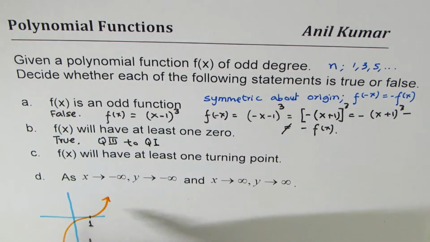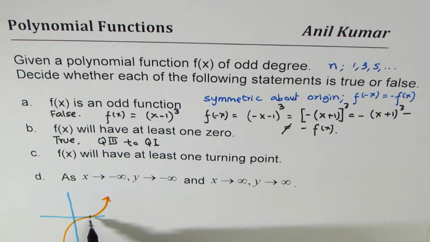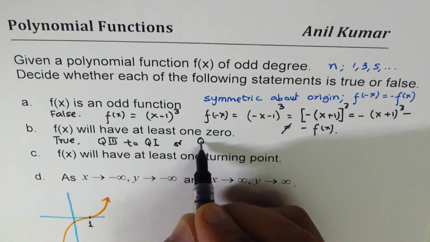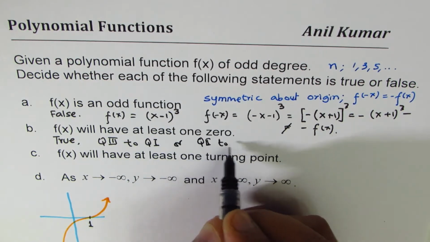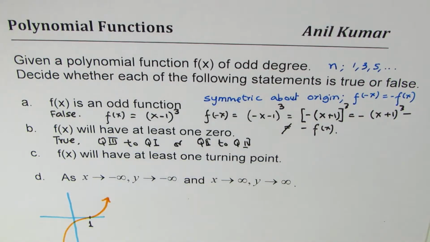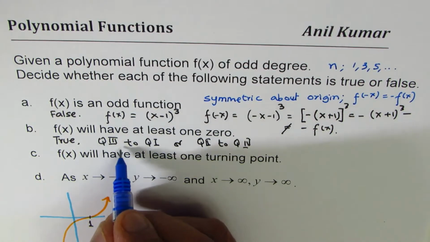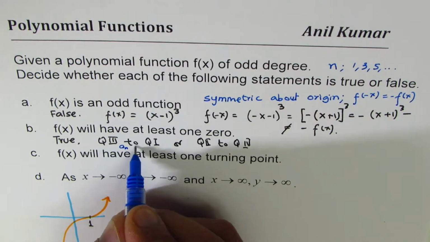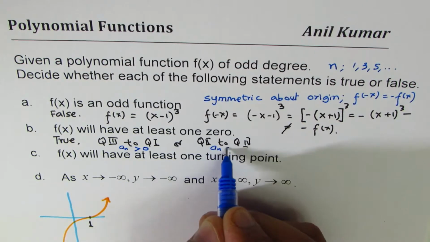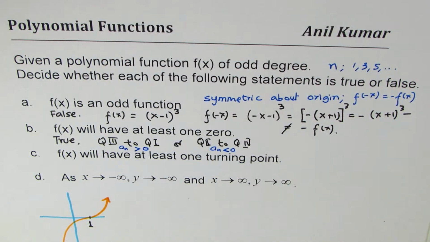In doing so, they have to cross the x-axis, and therefore they'll have at least one zero, or they'll move from quadrant 2 to quadrant 4, right? Now, this is when the leading coefficient a n is greater than 0, and this is when the leading coefficient is negative. Is it okay? So therefore, this statement is always true.